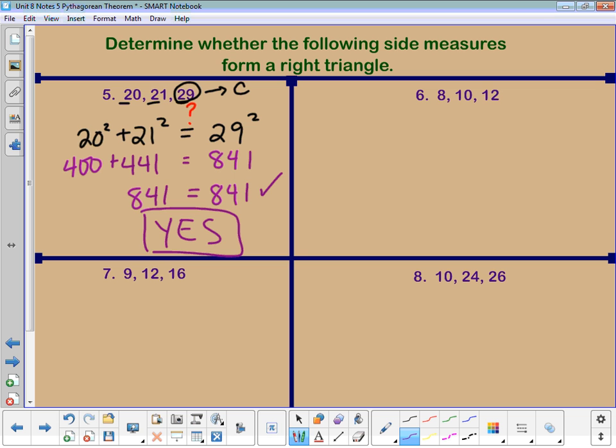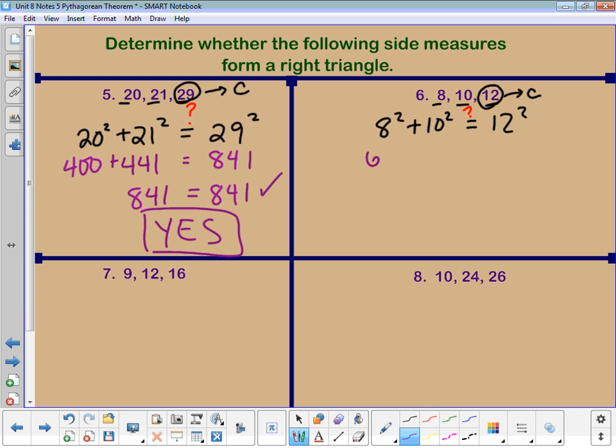Let's try number 6. In number 6, I have the 3 side lengths, 8, 10, and 12. And again, the longest one is always the hypotenuse, so 12 has to be my C. So if I put those into the Pythagorean theorem, I have 8 squared plus 10 squared equaling 12 squared. And again, the question is, is that true? Do those things actually equal each other?